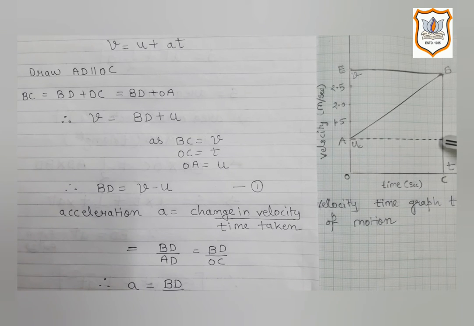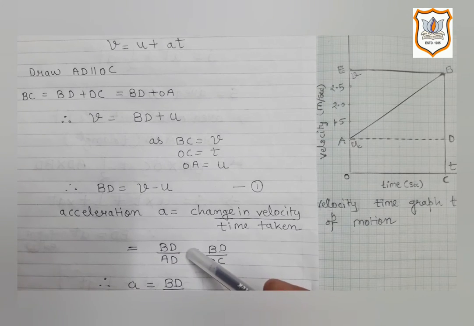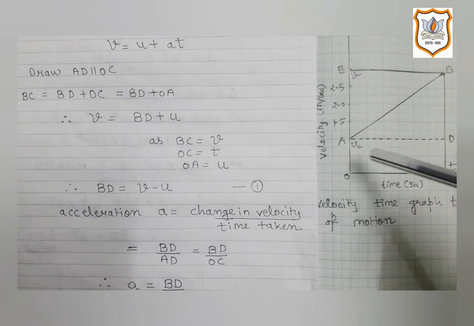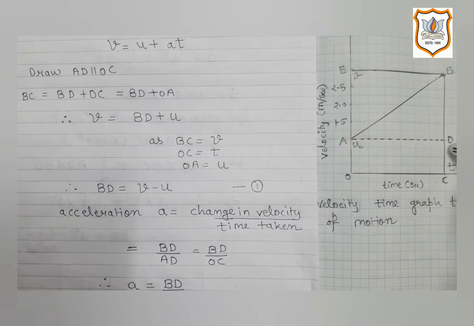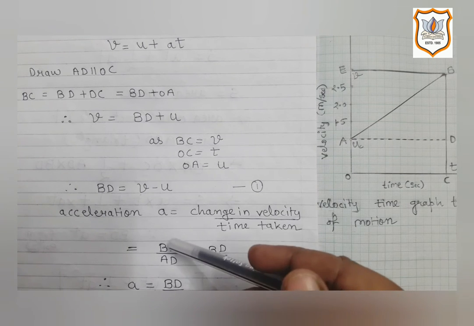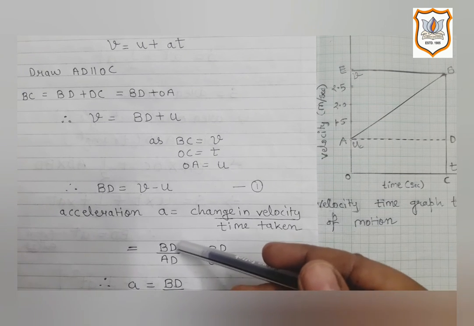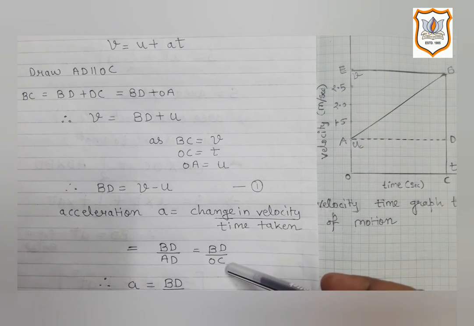D will be the initial point and B will be the final point. So change in velocity will be BD, and time taken will be AD or OC, both. So acceleration will be equal to BD upon AD, or BD upon OC.